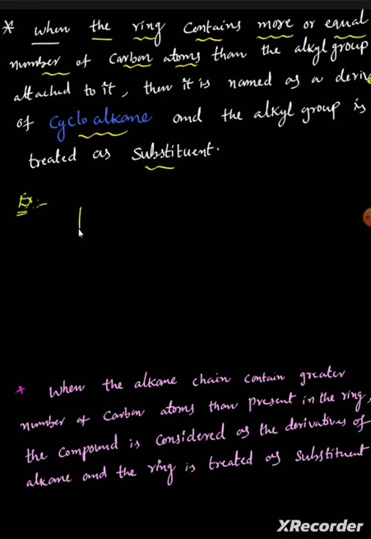See now, for example, here this cyclohexane with CH2 CH3. This is taken as a substituent, and this is the cycloalkane. 1, 2, 3 carbons are there in the substituent, then that is propyl.